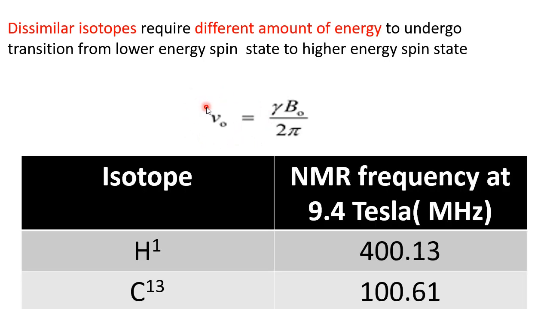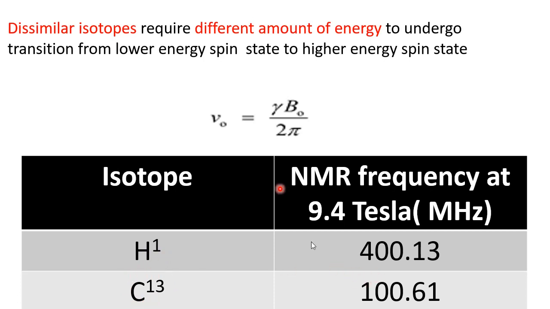Let us take the example of proton and carbon-13. Proton, or hydrogen, has a mass number of 1, and C13 has a mass number of 13.